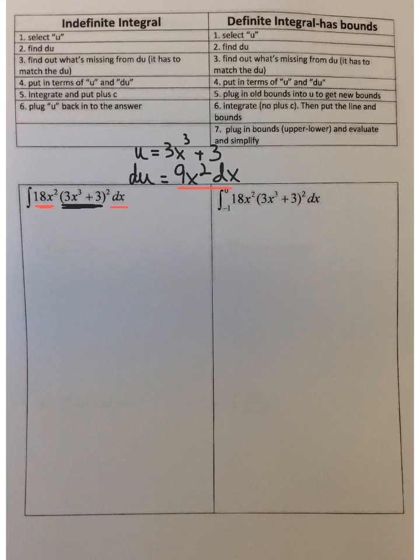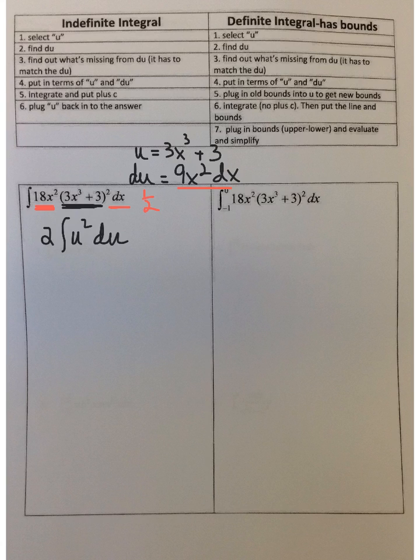So in order to make what I underlined right here and here match my du, I need to multiply by a 1/2 here, which means I need a 2 all the way in front. So that's going to give me 2 times the integral of u squared du.